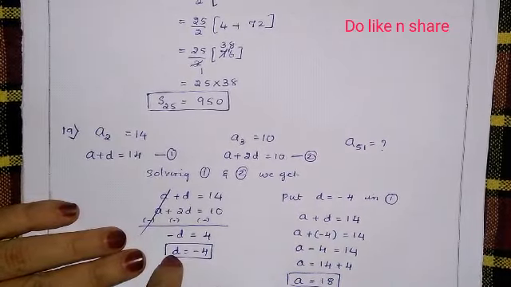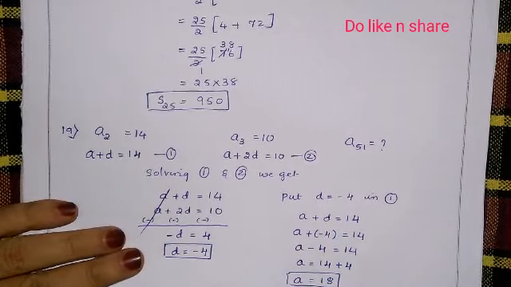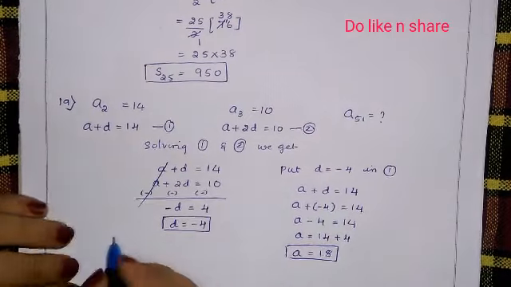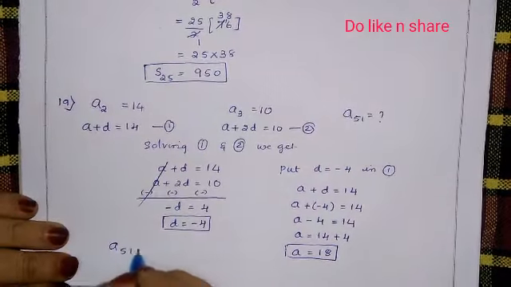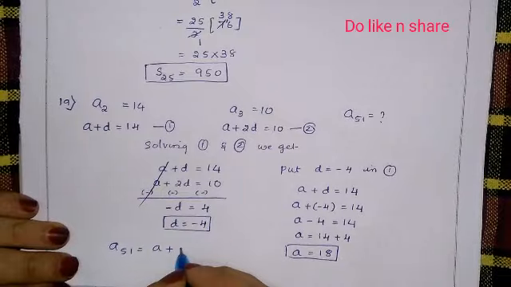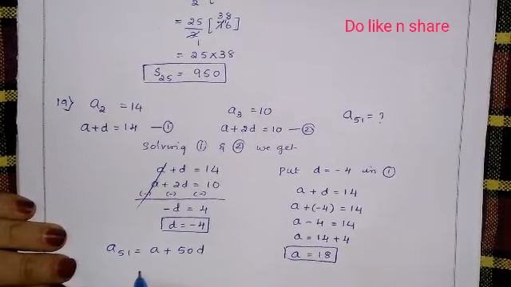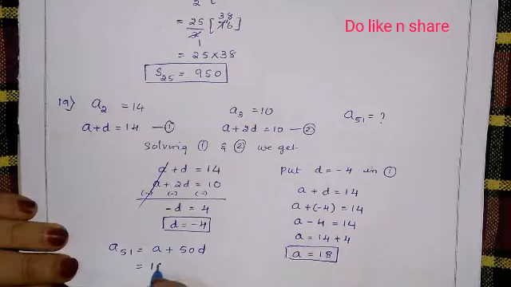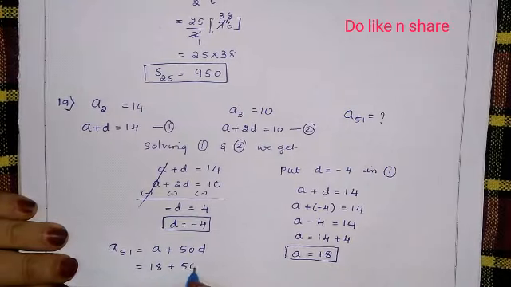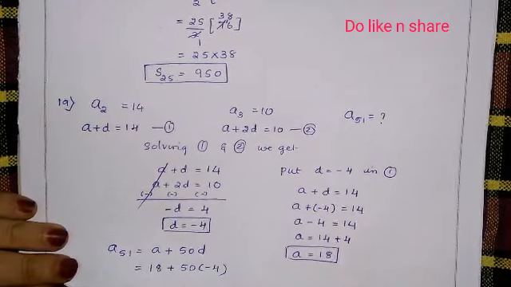Here we got the D value and the A value. They have told us to find the 51st term. A51 is equal to A plus 50D. A value is 18 plus 50 into D, which is minus 4.